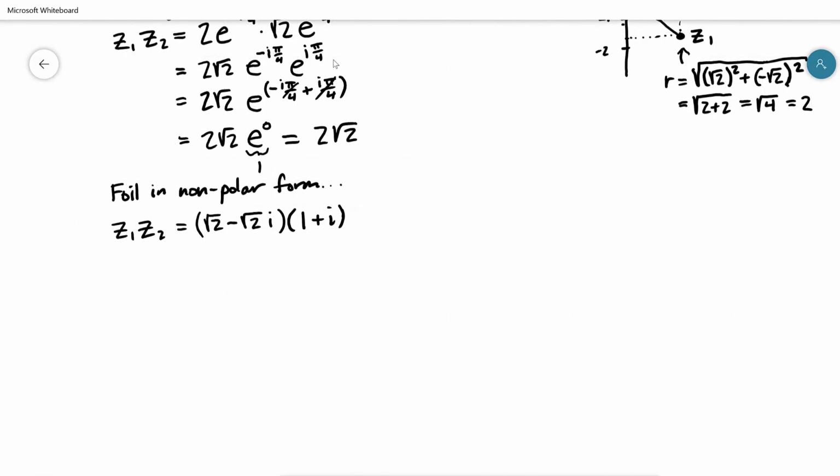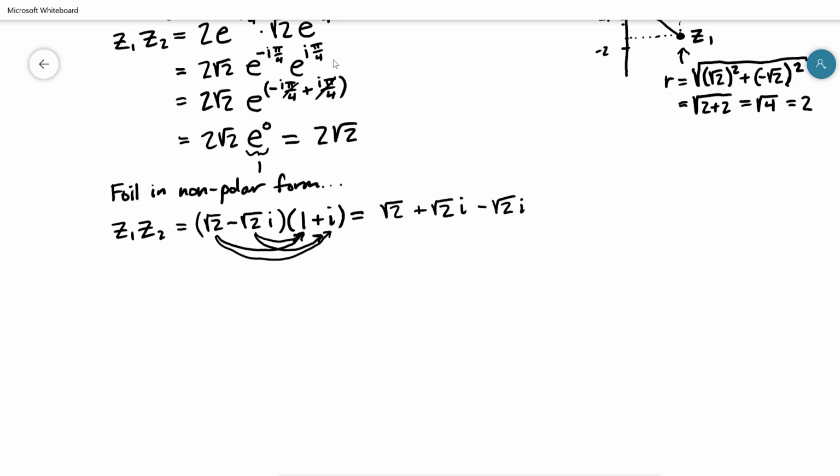And we would just FOIL them out. So this times this, then this times this, then this times this, then this times this. So the first would be the root 2 times the 1. We'd get root 2. Then I'd get plus root 2 times I. Then I'd get minus root 2i times the 1, so just minus root 2i.